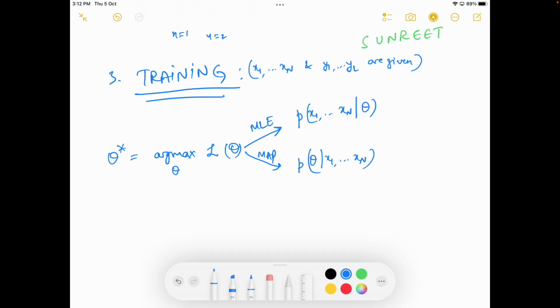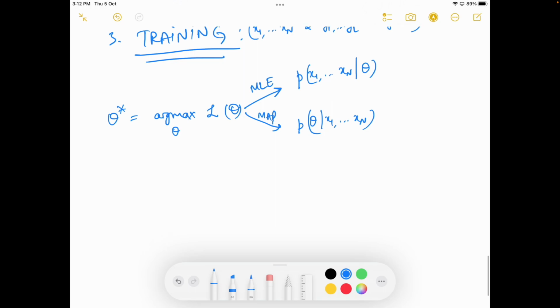Now try simplifying MAP. If you try simplifying MAP, it becomes, using Bayes' rule, P of x1 to xn given theta times P of theta upon P of x1 to xn. So basically we are optimizing P of x1 to xn given theta times P of theta, and here we are just optimizing P of x1 to xn given theta.